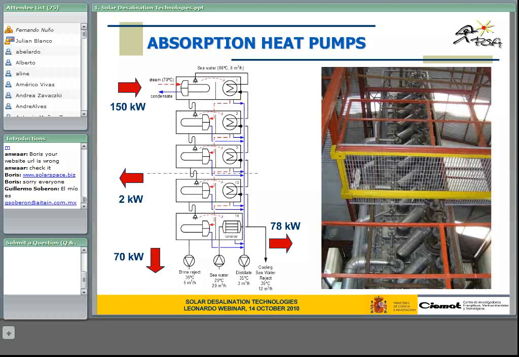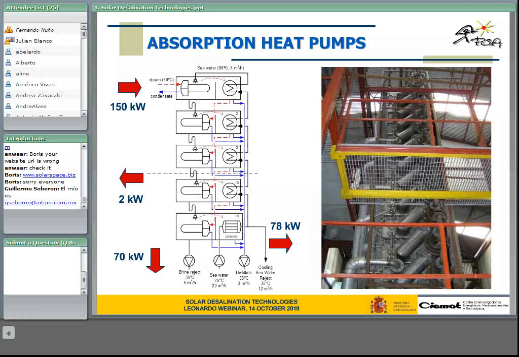Here you can see a picture of this vertical MED plant, and the highest losses, 78 kilowatts, are from the cooling of the vapor, the steam of the last effect. We are condensing part of the produced steam at each effect, preheating the feed water, but normally the water does not have a sufficient amount to cool all the steam.